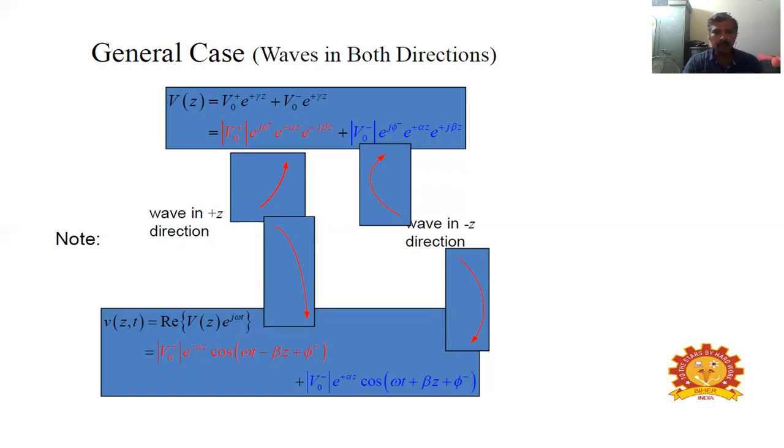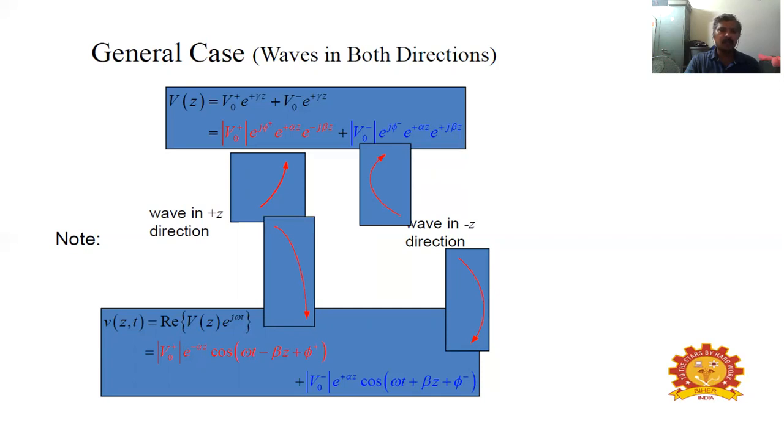Now you see that this is for waves traveling in both directions: the wave traveling in the forward direction of the Z axis as well as the wave traveling in the negative direction of the Z axis. This can be further simplified and written as V of Z, t is equal to the real part of V of Z into e power j omega t.